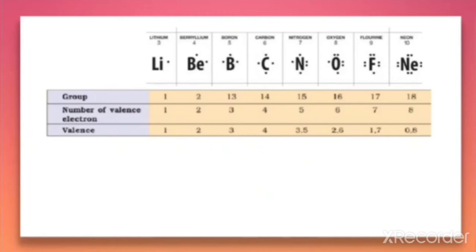Let us take one more example, that is boron and fluorine. Let us make the formula for this one. Boron's valence electron and valency are the same, that is 3. Look at the chart. 3 is the valence electron and 3 is the valency.